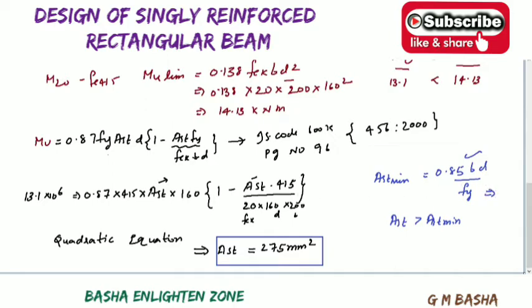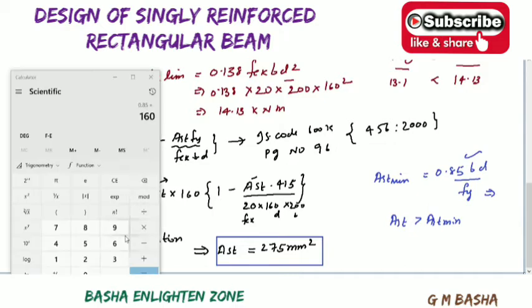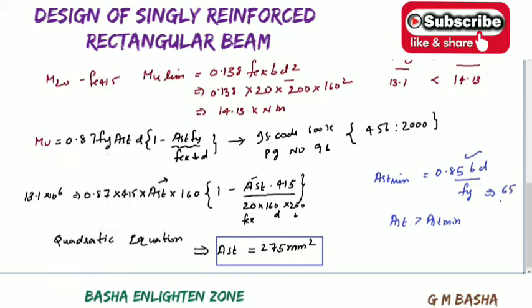So I will tell you that value also. The minimum steel will be here around 65. So the minimum steel required here is around 65. Okay, so that much minimum steel is required for this beam. You please simplify, you will get the value also.